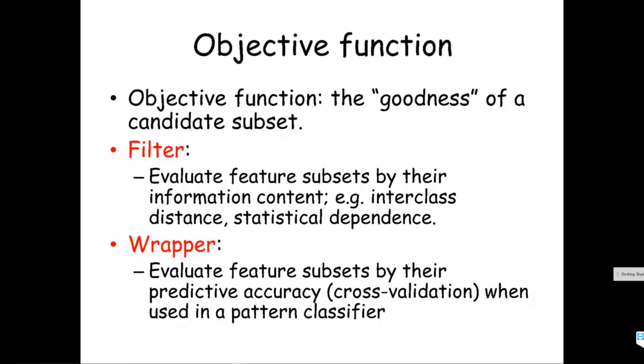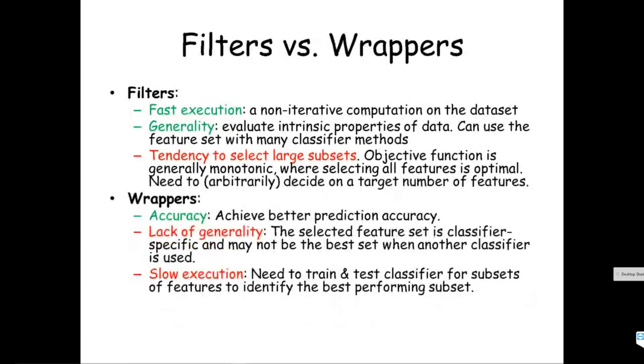And I can set it aside, go through the rest of the features, and ask the question, which one should I use in combination with this one that will give me the best combined cross-validation accuracy? So this strategy is called forward search. I'm starting with nothing, and I keep adding one feature at a time until I get enough accuracy.